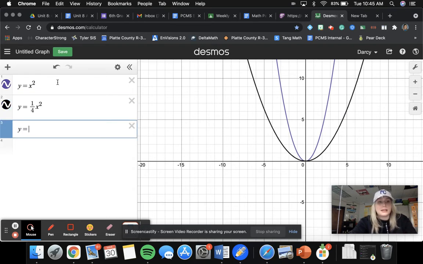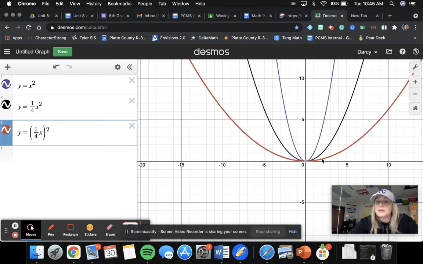Okay, and then I'm going to do the same thing, but I'm going to do parentheses, and I'm going to put the square. Okay, and that one made it wider. Okay. So again, just making sure you look at your colors. The purple one is the parent function. The black one is this one, and the red one is the most wide one.